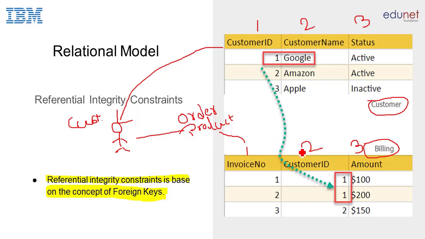Who is the customer? The customer is this customer, the one with customer ID 1, ordering a particular product, and that amount is generated inside the billing table. That is called the referential integrity constraint.